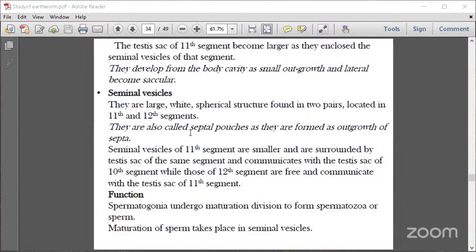Seminal vesicles of the 11th segment are smaller and are surrounded by the testis sac of the same segment and communicate with the testis sac of the 10th segment, while those of the 12th segment are free and communicate with the testis sac of the 11th segment.